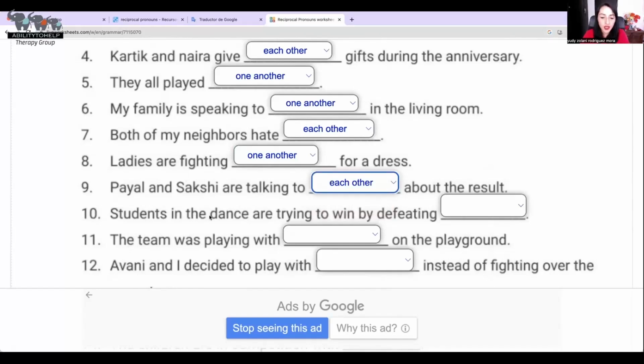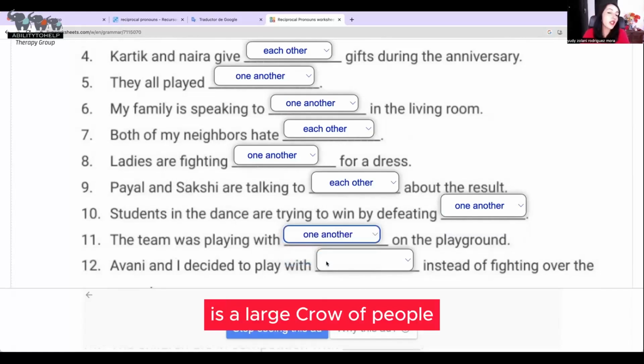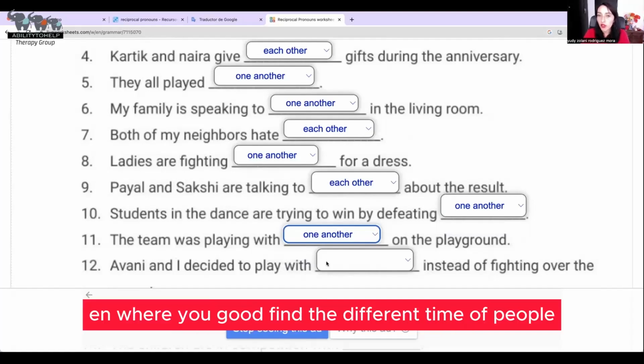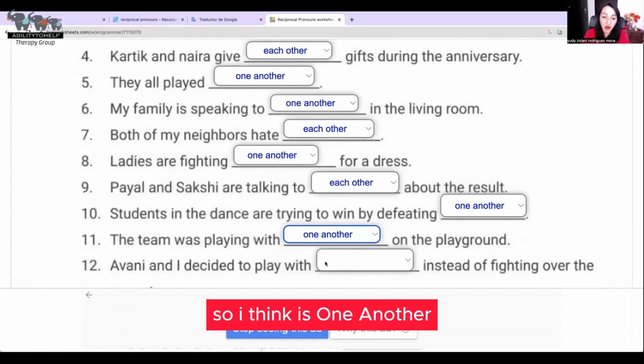Students in dance are trying to win by defeating one another. Students, I think one another, because if you say students, you are talking about more than 2. The team was playing with one another. A team is a large group of people where you could find different kinds of people. So I think it is one another.